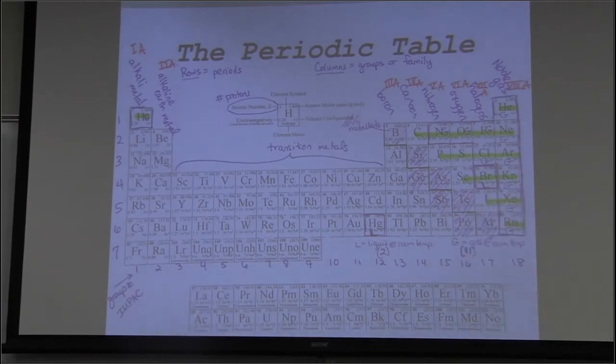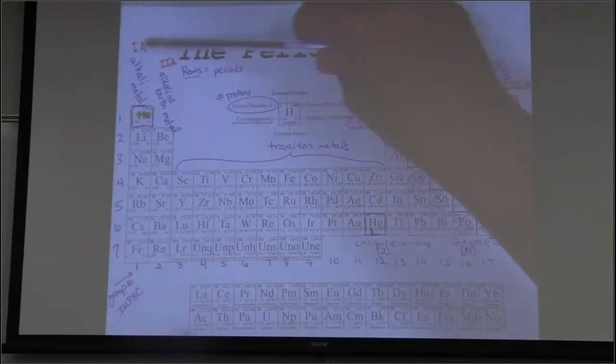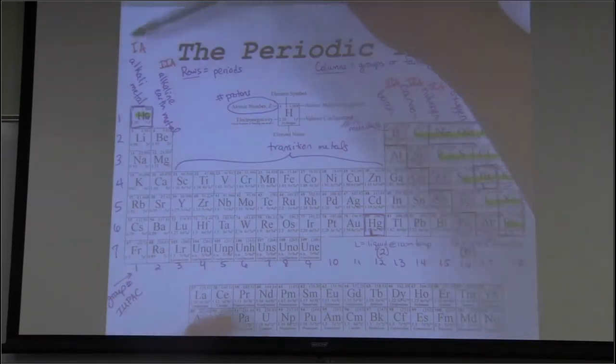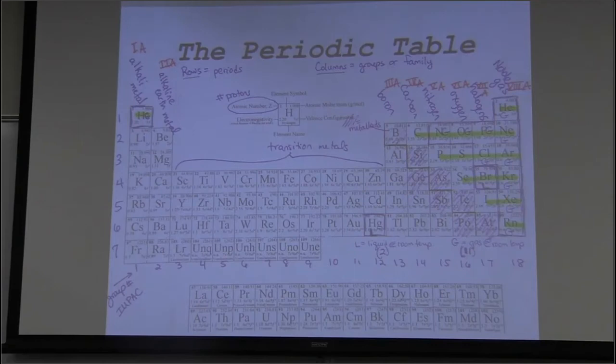But this is the standard way we name these. Why am I throwing out these older ways? The Roman numeral method is the North American method. By the end of next week, you're going to say, I know why she told me that. Because there's something that this 1A, 2A, and all the way to 8A is going to correspond to. And so you're going to realize why I did that later.